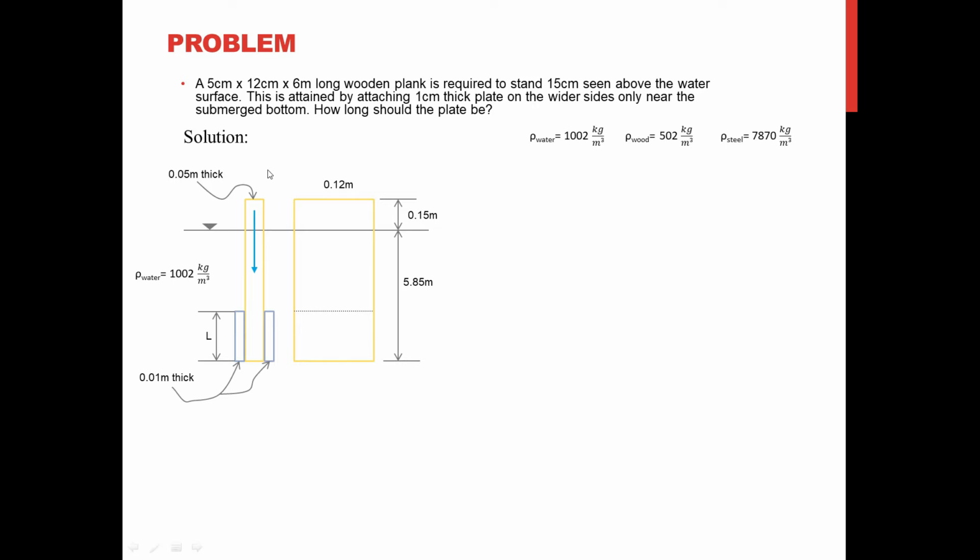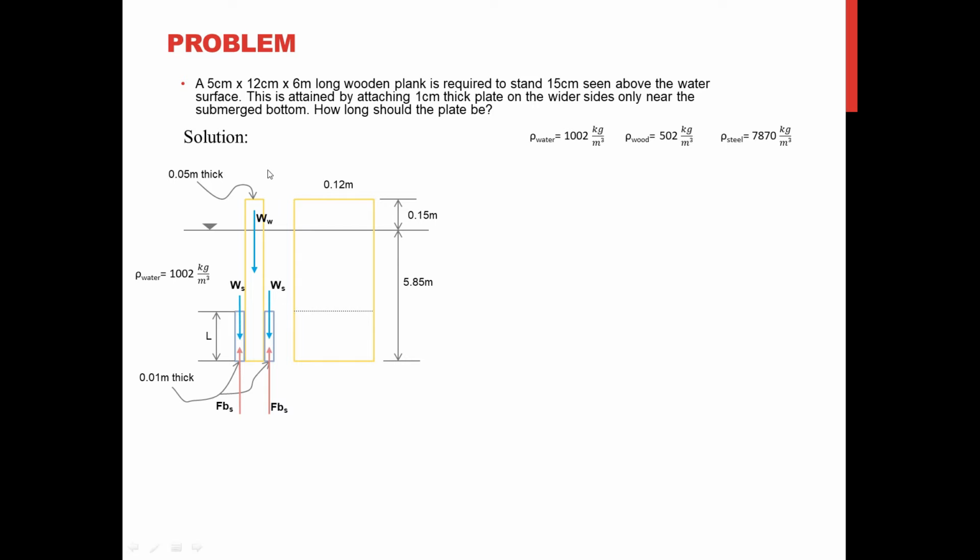So first, we need to note that there will be a weight for our wooden plank. There must also be corresponding weights for the steel plates. And the submerged portion will have its buoyant force.